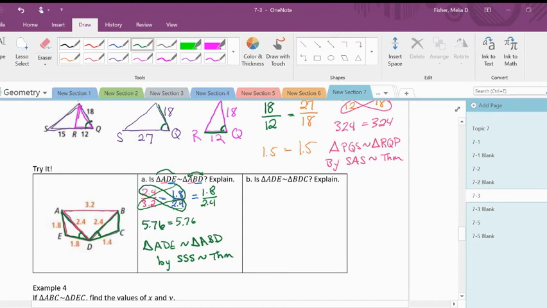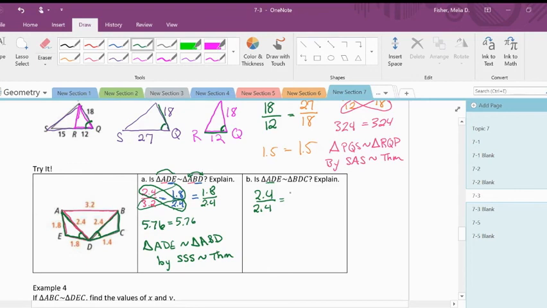So if I have AD, which is 2.4, going to BD, which is also 2.4, then I'm going to compare the other sides on the other side of the angle, ED and DC.